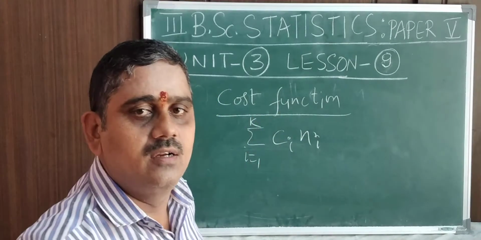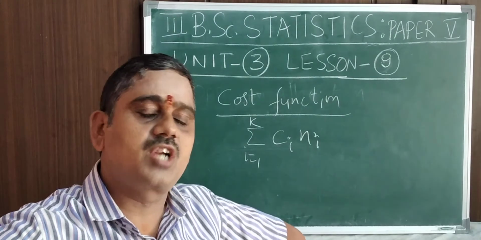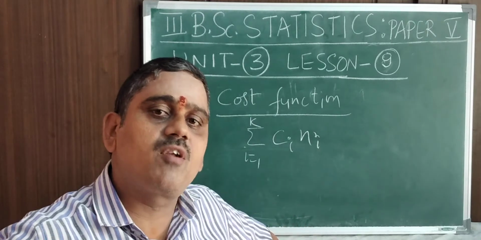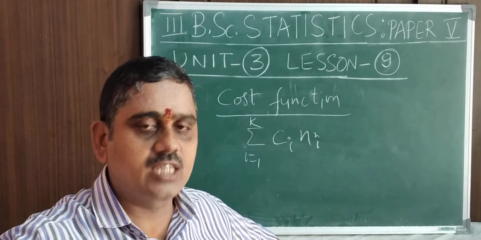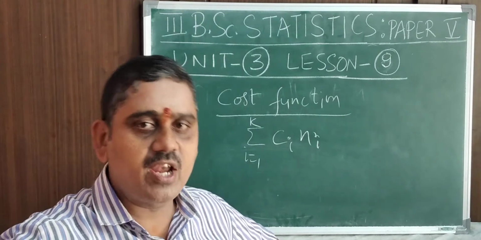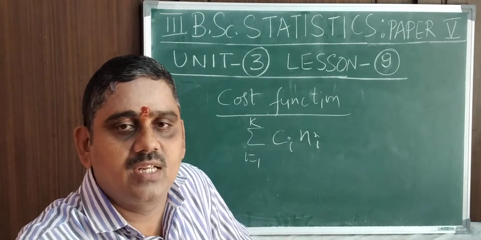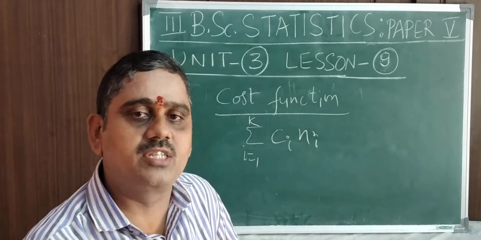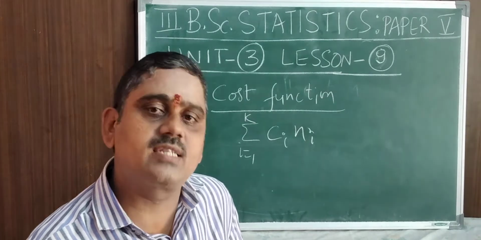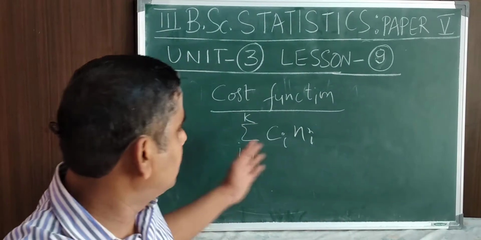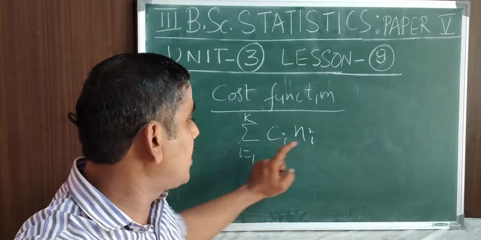For the first stratum, the first sample n1, the cost per unit is C1, so C1 into n1 is the cost for all units in the first sample, then second sample C2n2, and so on. The cost of collecting the information from the kth sample is Ckn k. Hence the total from all strata will be summation i equal to 1 to k Ci ni.